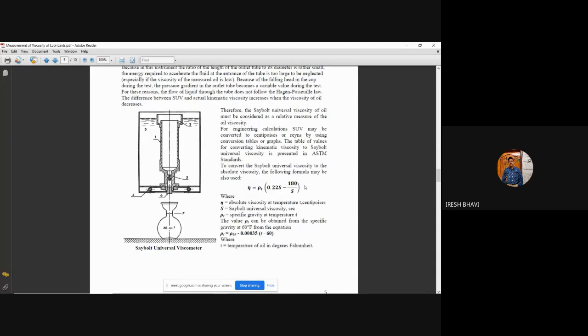Suppose this oil measures 900 grams for 1 liter, then the mass density of this oil will be 900 kg per meter cube. Specific gravity of this oil is the mass density of oil by mass density of water, that is 900 by 1000, that is 0.9.